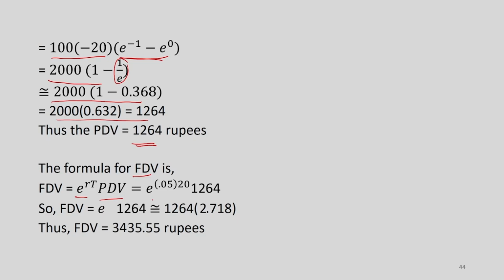R is known to me, 0.05, T is 20, so I just have to put those values here, and then I will simply get E multiplied by 1264, okay, and that is approximately equal to this. So, this is the future discounted value.